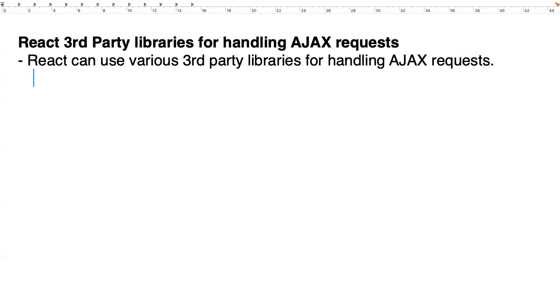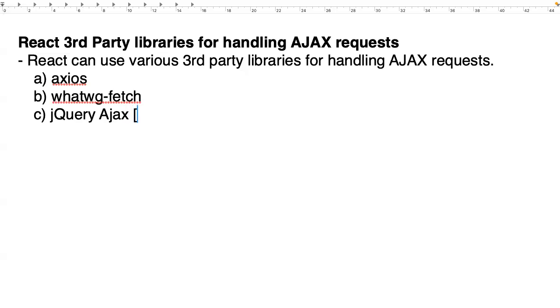We have some third party libraries like Axios. We have WG fetch. We can also use jQuery AJAX, but it is related to jQuery native.